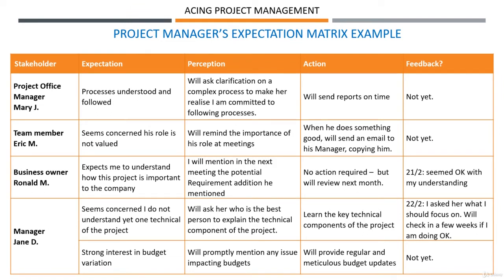And I'm not what we call a cowboy, which is a project manager who just goes straight to the end, not too concerned about processes. So one thing I could do, once again, depending on the environment you're in, is I could ask her clarification on the complex process. So that would make her understand and realize that I've reviewed all the processes and I'm on board. I am keen to follow them as much as I can.